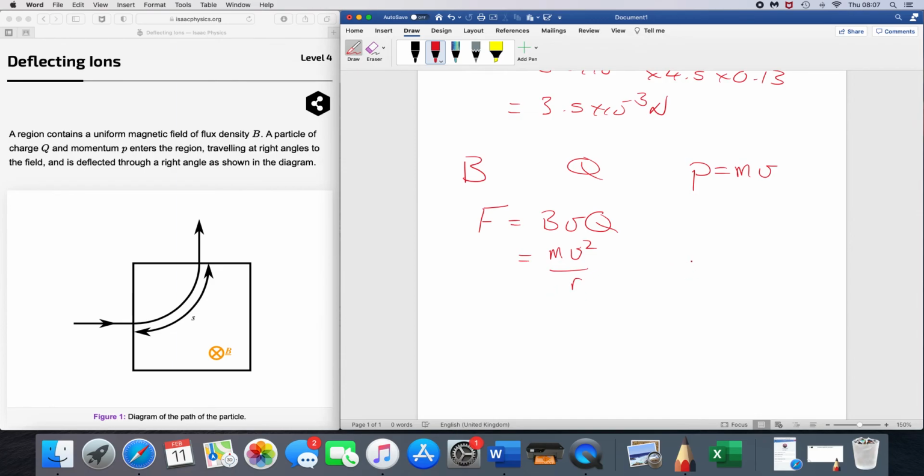And S, the arc length, is r theta, where theta is the angle moved through.